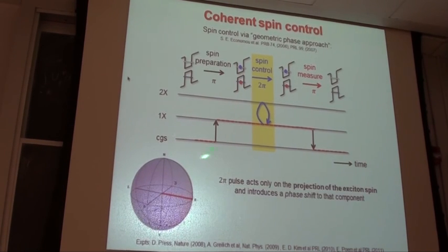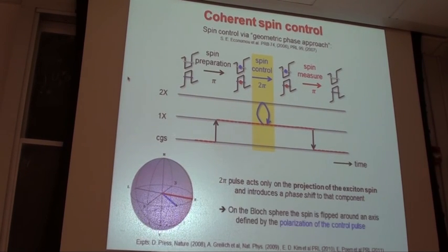Now, the way to think about the theory of this geometrical phase approach is that the pulse acts for a certain time, and during that time, one of the 2 polarization components of the exciton is varied. The other one is kept constant.